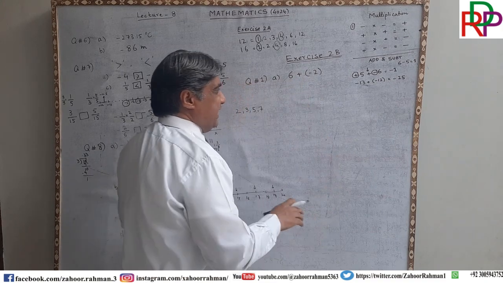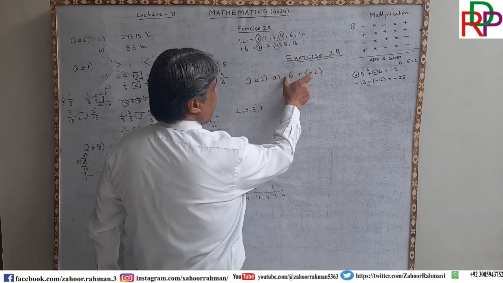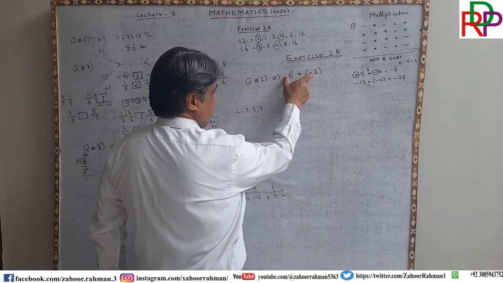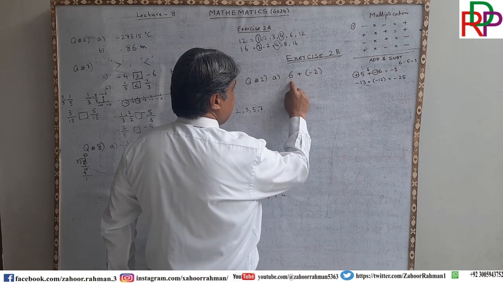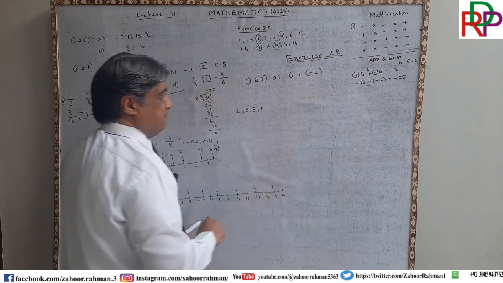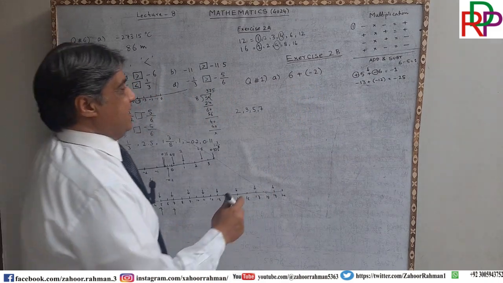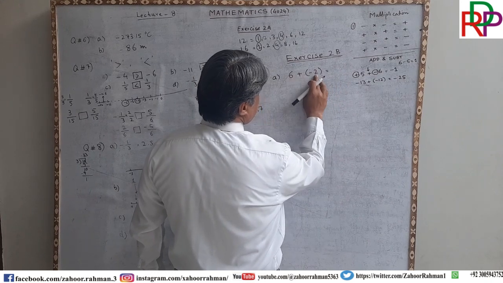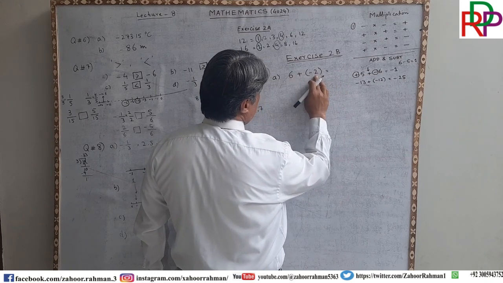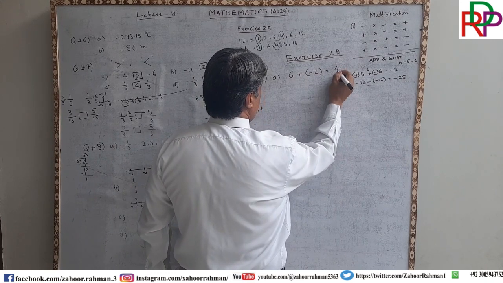And I told you that if there are two different symbols, one positive, one negative, simply subtract the smaller number from the larger number. So subtracting 2 from 6, it will become 4.